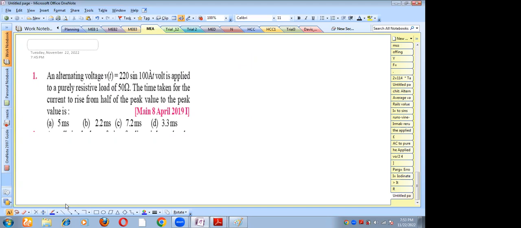So an alternating voltage is applied to a purely resistive load of 50 ohm.